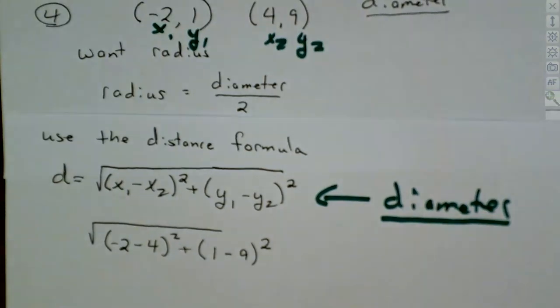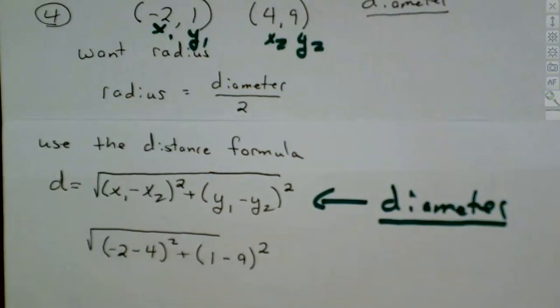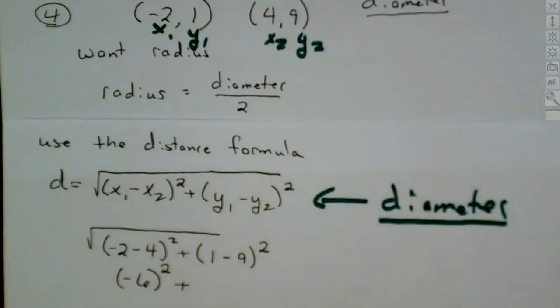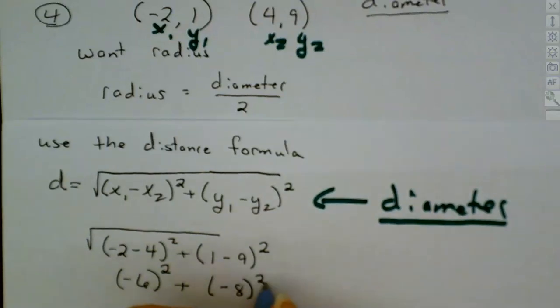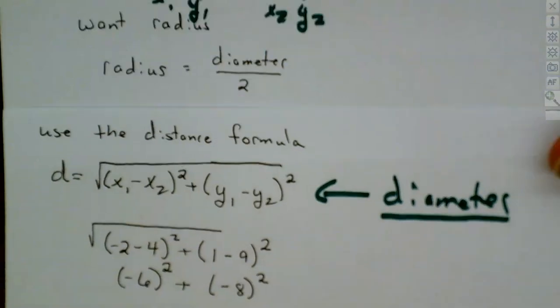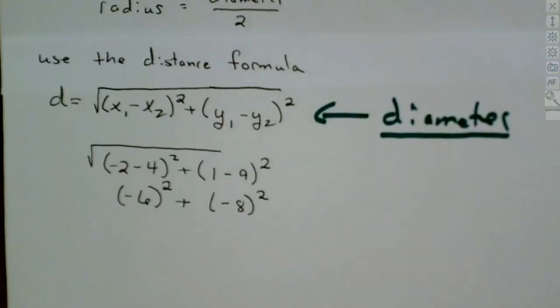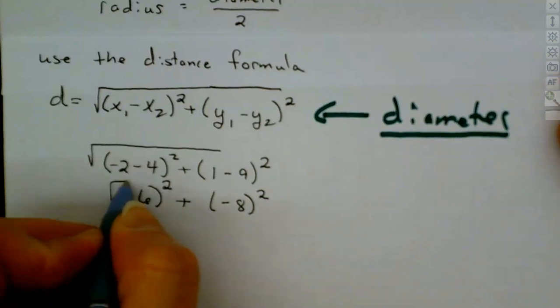Okay, now we can work it out. Minus 2 minus 4 makes it a minus 6, quantity squared. And then we've got 1 minus 9, that makes it a minus 8, quantity squared, doesn't it? All right, is everyone okay with that so far?